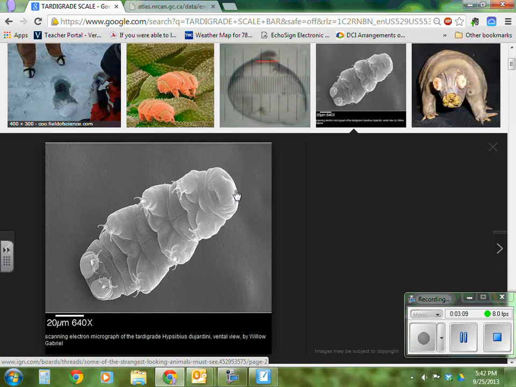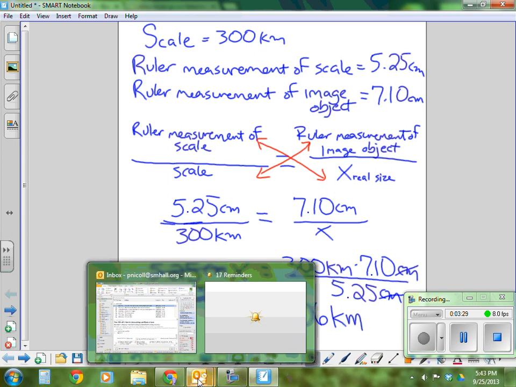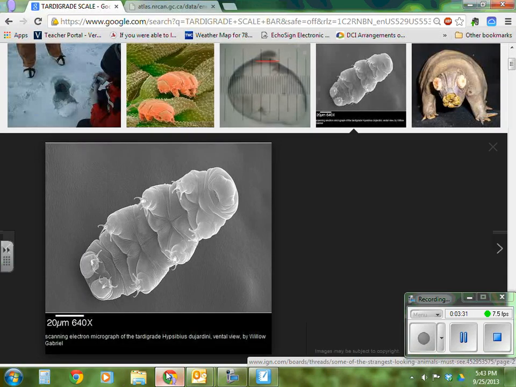So you measure the scale bar with a ruler, you measure your object with a ruler, and you go back and plug in to this proportion or a similar proportion. There's different ways to set it up. And you solve for x to get your answer, and this answer number represents how large your object is in real life. Now, some of you might have a different value other than micrometers.